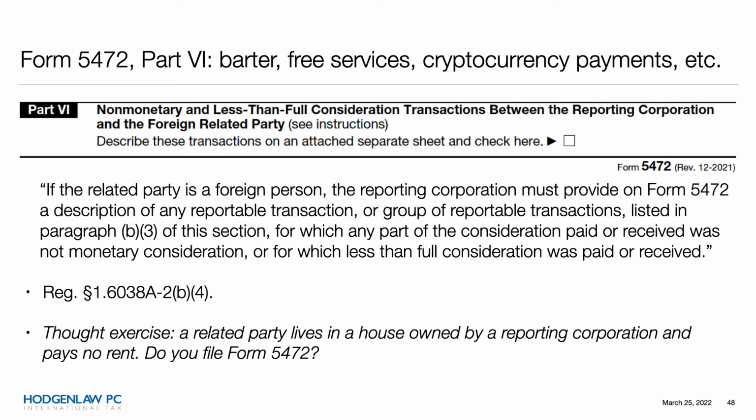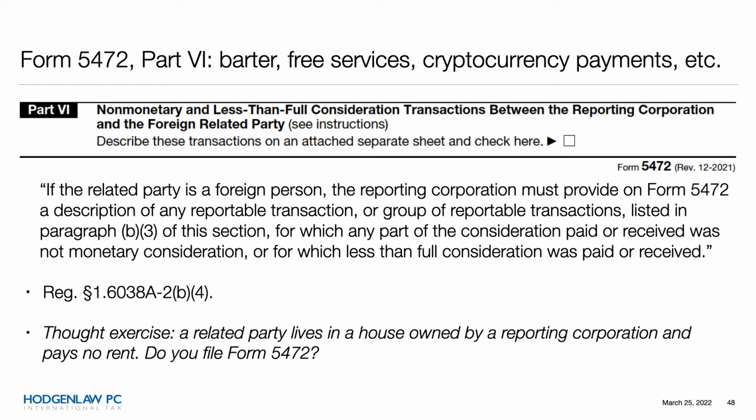The other type of transaction that works for everybody, namely domestic corporations as reporting corporations, foreign corporations as reporting corporations, and domestic disregarded entities, is barter, free, cryptocurrency, and so on.